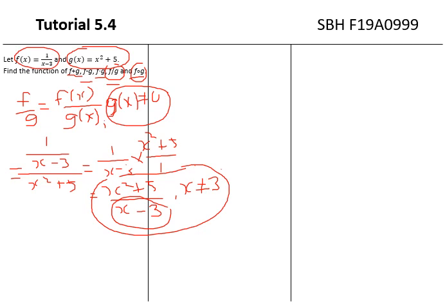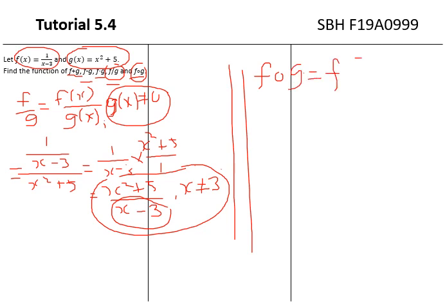Next, is it fine if I do it here? Because we don't have space already. The function f composite g equals f of g(x), which equals f of, what is g(x)? g(x) is x squared plus 5.